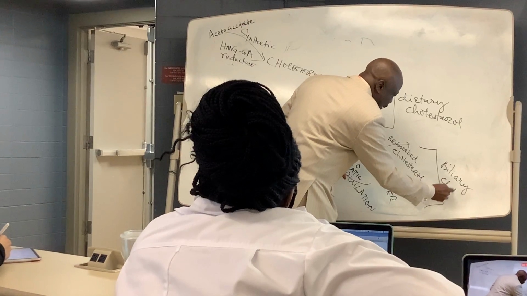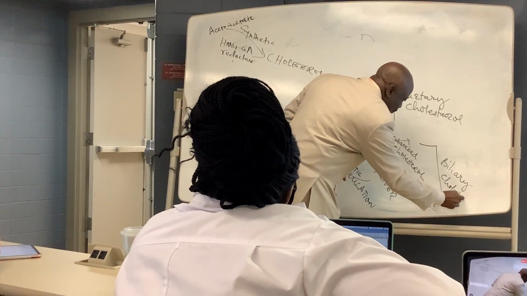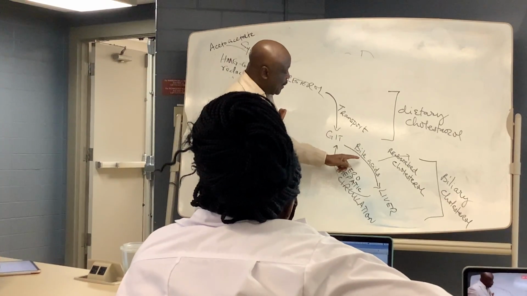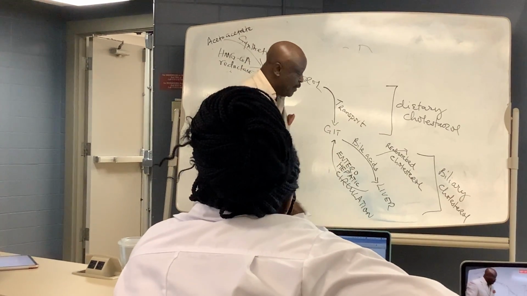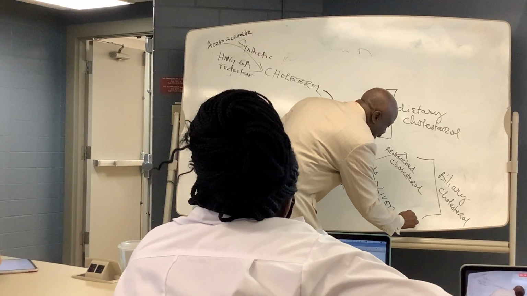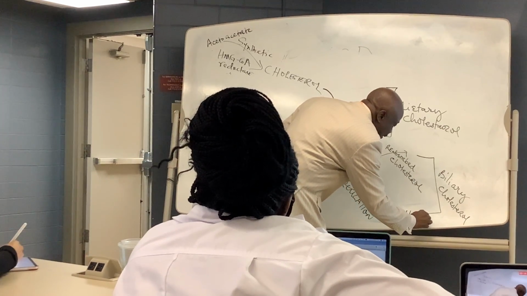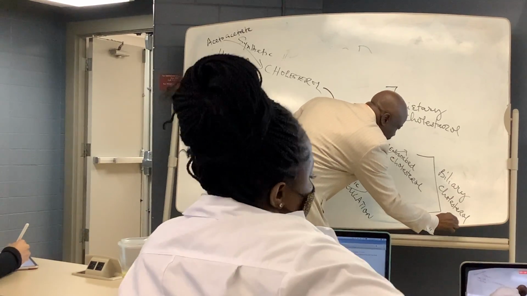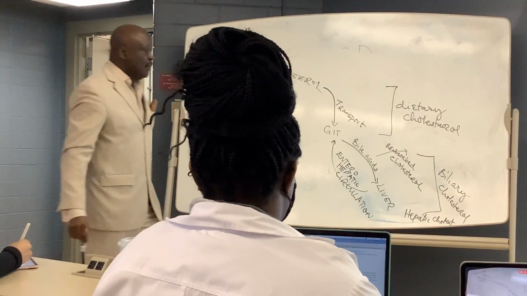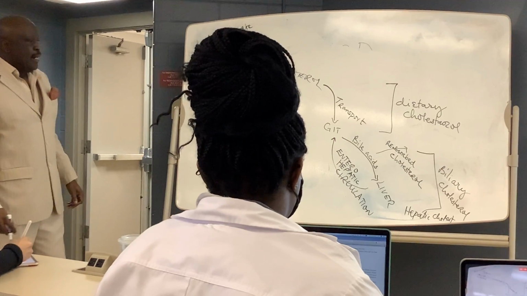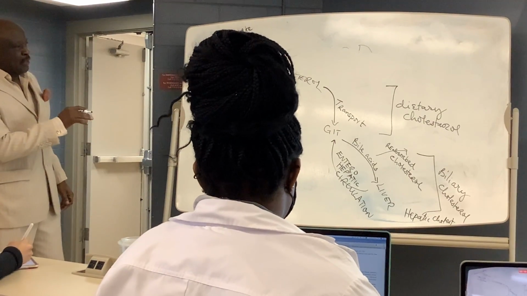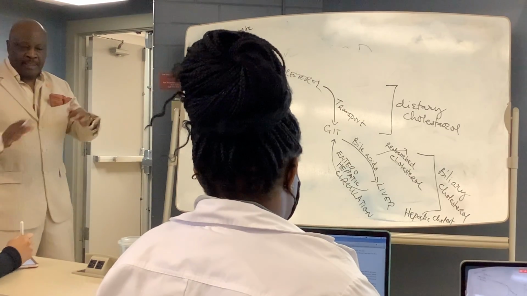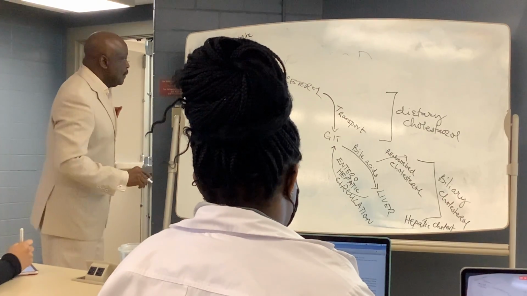We call it biliary cholesterol. And because the one being transported in the bile goes to the liver, you also have what you call hepatic cholesterol. I'm taking this step to let you know, so when I go into some of these, I don't want you to be confused.